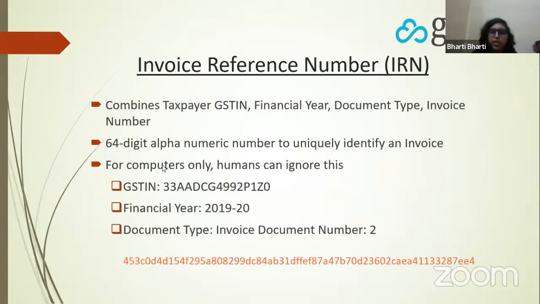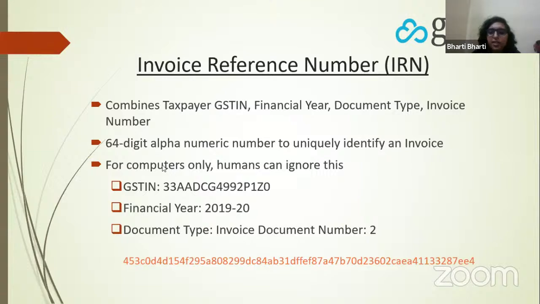IRN, invoice reference number. Everybody must have heard of IRN, that when you generate an e-invoice, you get an IRN. Now what is IRN? It is a combination of the taxpayer GSTN, financial year, document type, and invoice number. So a 64-character number is generated against an e-invoice.